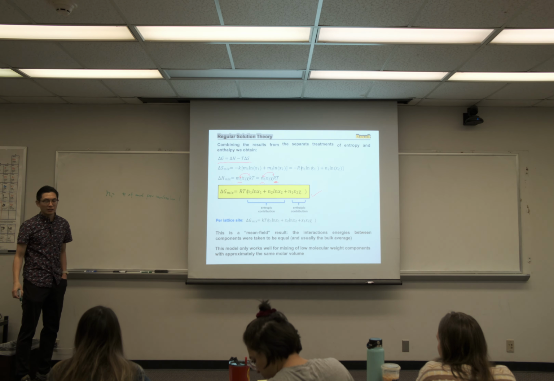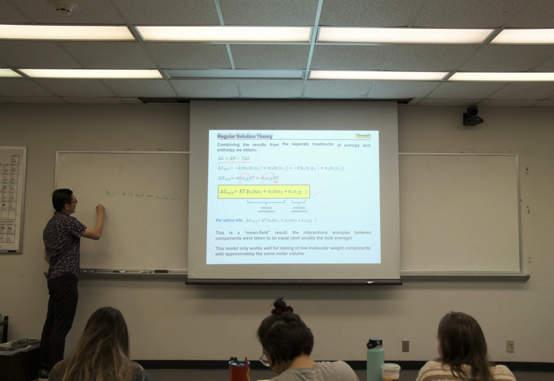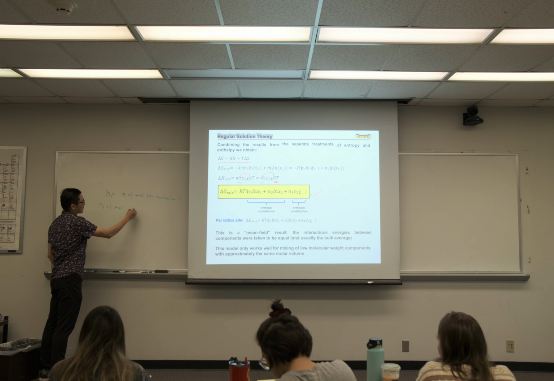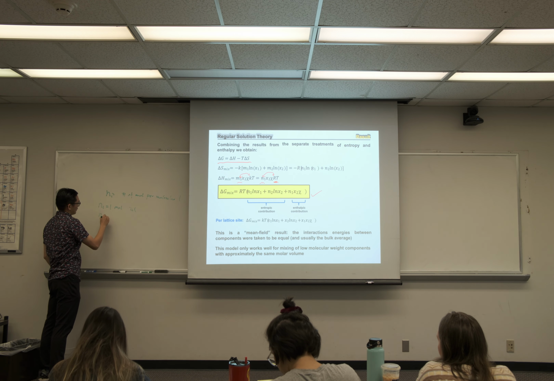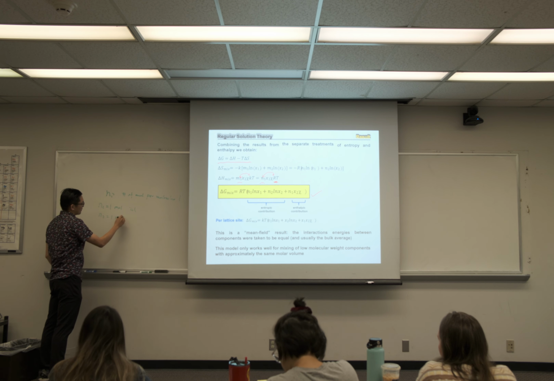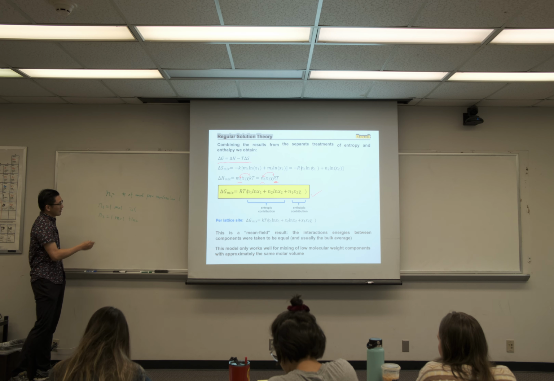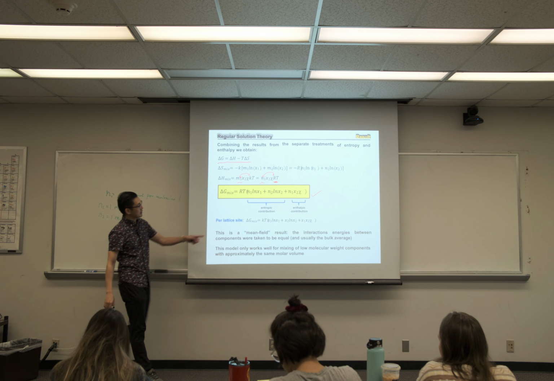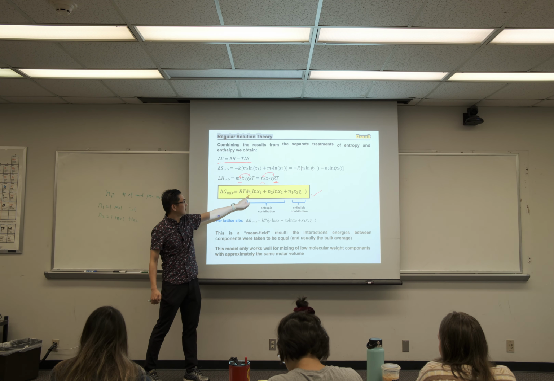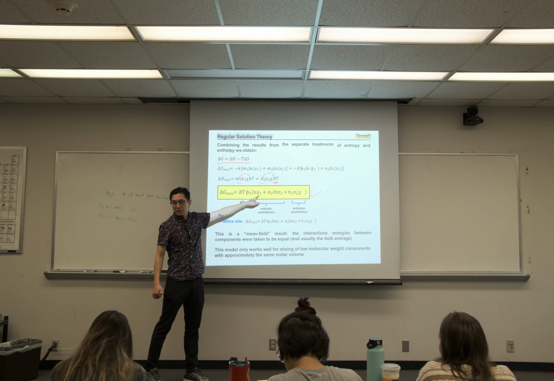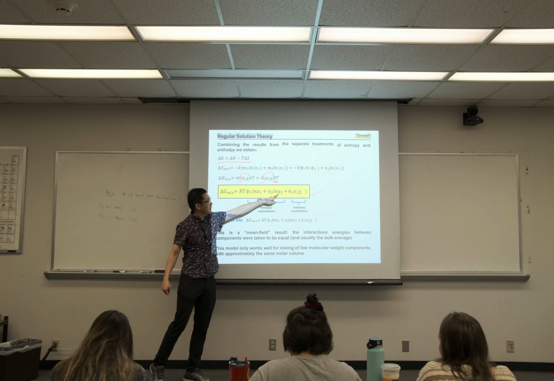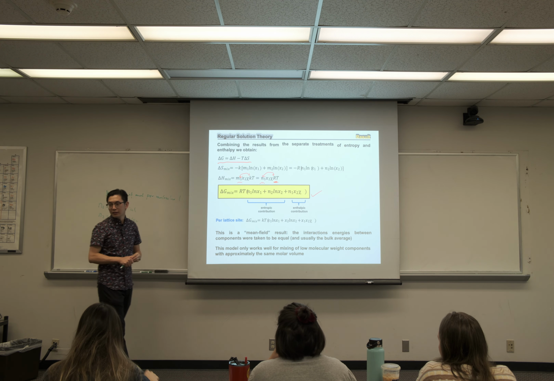For example, N1 could be equal to 1 mole of, let's use toluene mixed with hexane. I'll give you some specific numbers, then it helps you understand. In this case, if we use the top equation, this will be RT times 1 times, this will be 0.5, times N2, this will be 0.5 again, right?